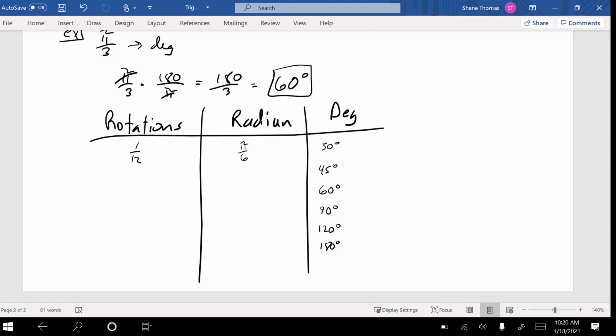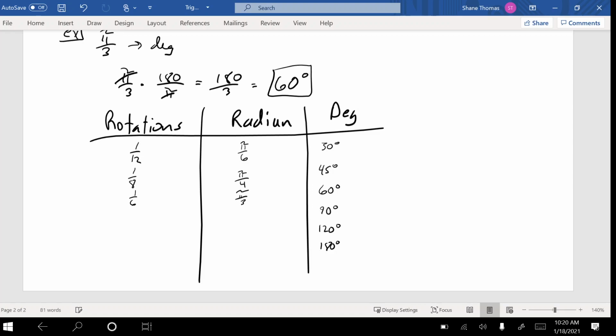Okay, 45 degrees is pi over 4, which should be 1/8 of a rotation. 60 degrees would be pi over 3.